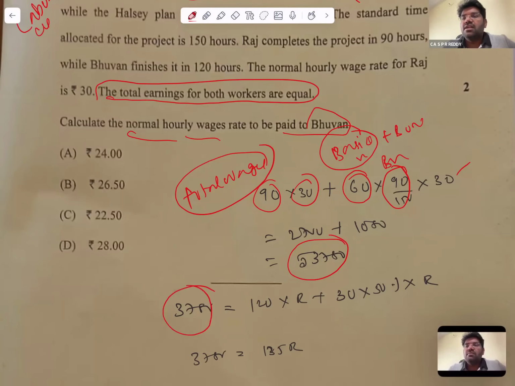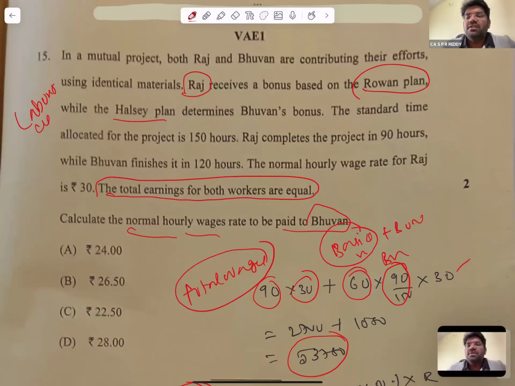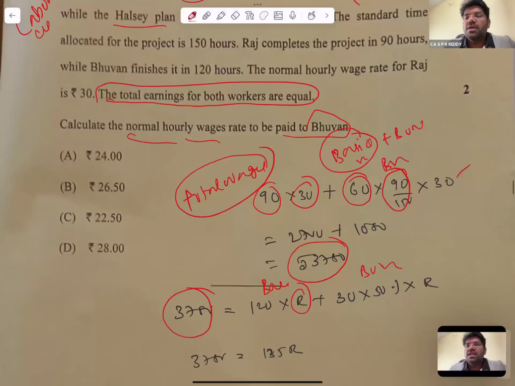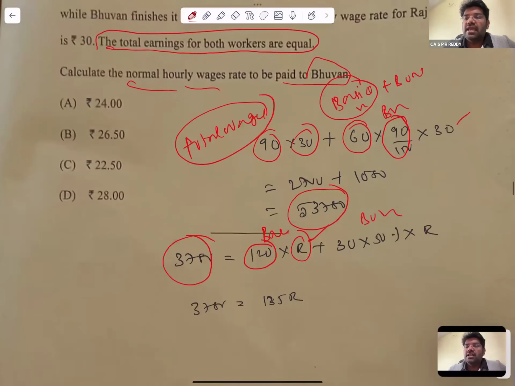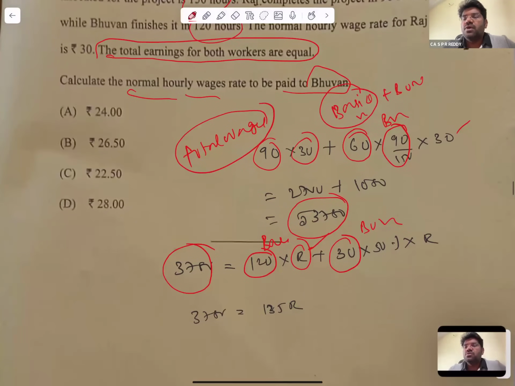So I equated that. But for Bhuvan, what is applicable? Halsey plan is applicable. We don't know the rate here; we have to find it out. So this is basic wages and this is bonus. Actual time taken by Bhuvan is 120 into rate per hour, which we don't know. What is the time saved for Bhuvan? He took 120 hours. Standard time is 150 hours. 150 minus 120 is 30 hours.